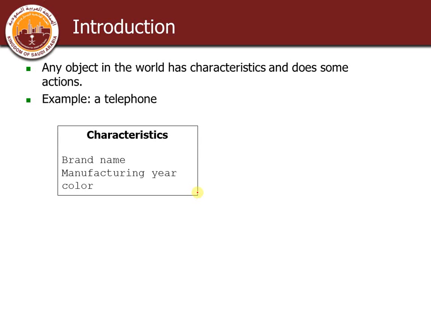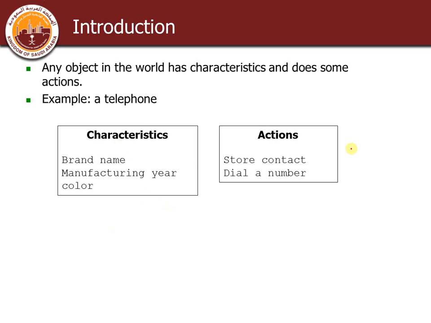Any object, if you think about it, has two special features: some characteristics and some actions that we can do. Let's take, for example, a car. In this case, the characteristics can be a brand name. Well, this is a telephone, but it can apply to a car as well.